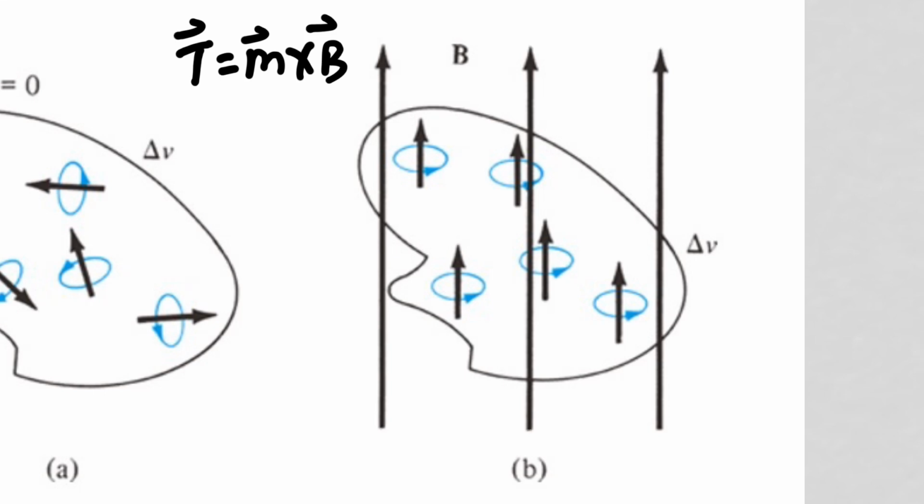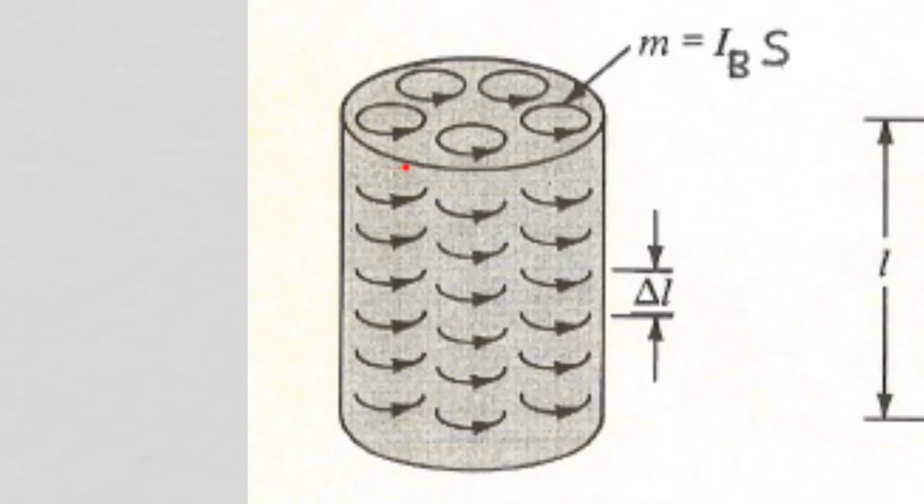This cylinder is some material that contains atoms, and each one of these circles represents the magnetic dipole moment from each individual atom. And the atoms have all been torqued, so their magnetic dipole moments are all pointing in the same direction. So the arrows indicate the direction of the bound currents. And notice internally, any two adjacent atoms have their bound currents going in opposite directions, so those internal bound currents will cancel.